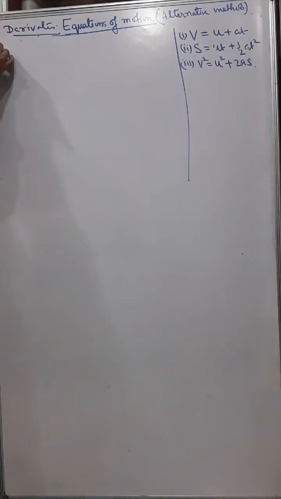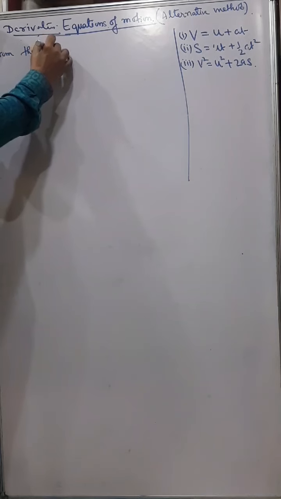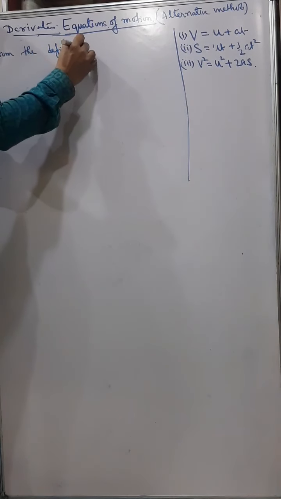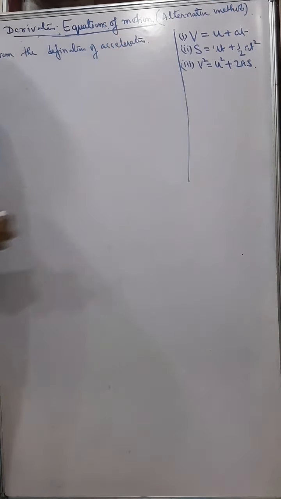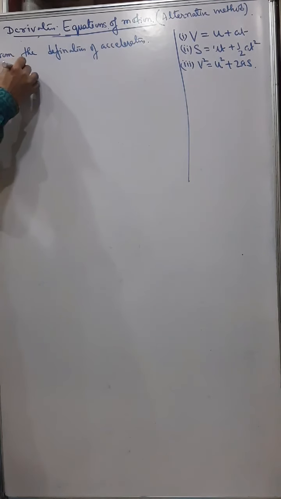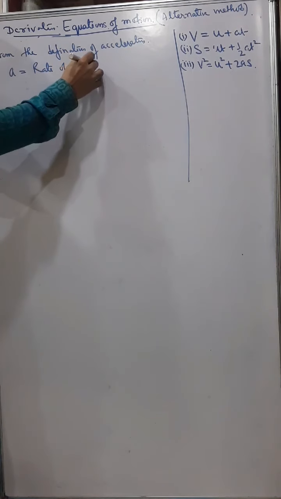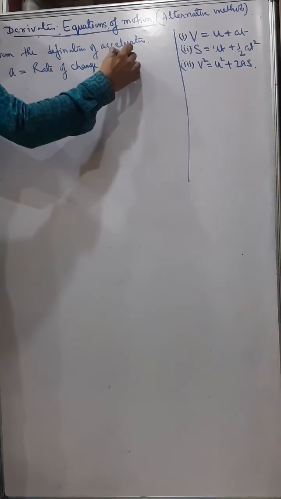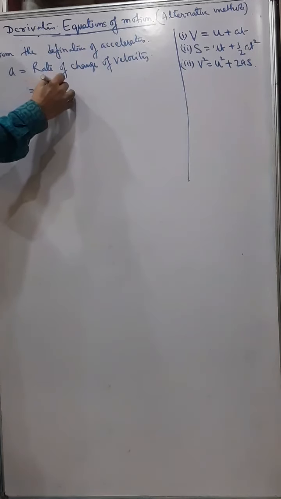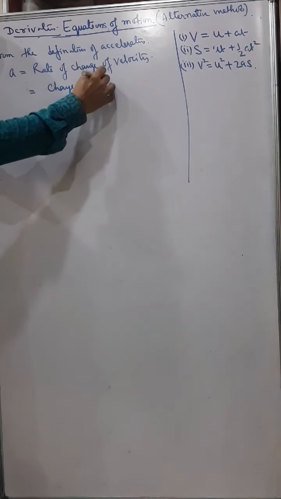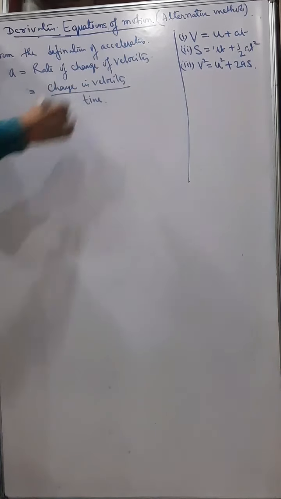So, from the definition of acceleration, acceleration is equal to the rate of change of velocity, and rate of change of velocity means change in velocity over change in time, over how much time it has taken.